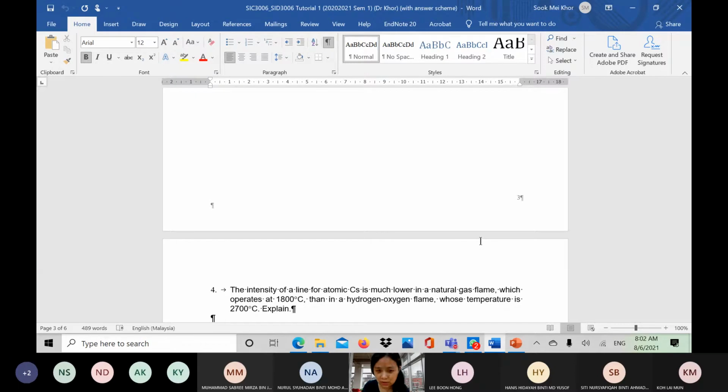And I will also continue with tutorial 2 discussion on amperometric and voltammetric analysis, electroanalytical techniques for quantitative and qualitative measurement in analytical chemistry.